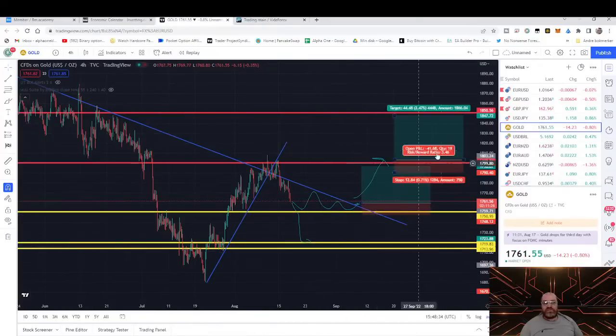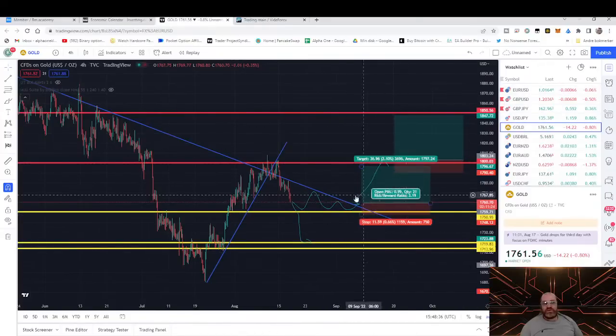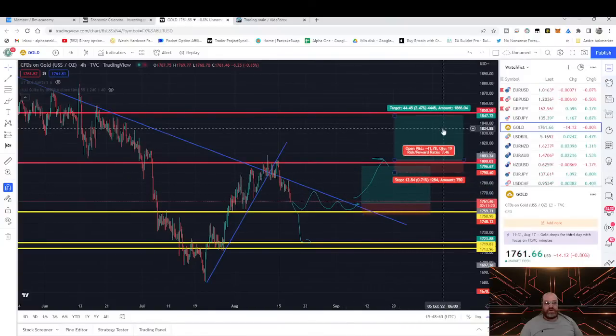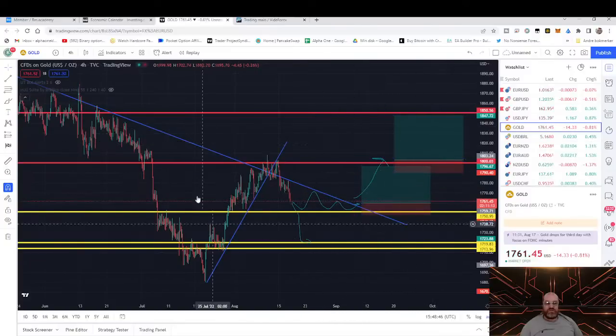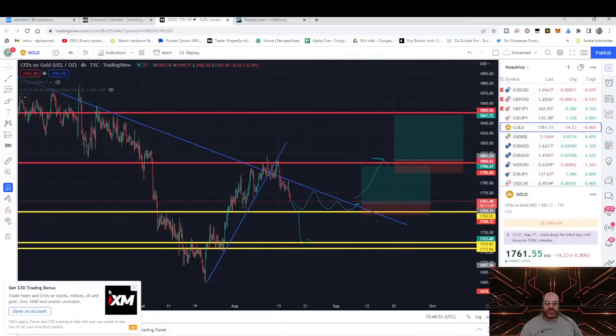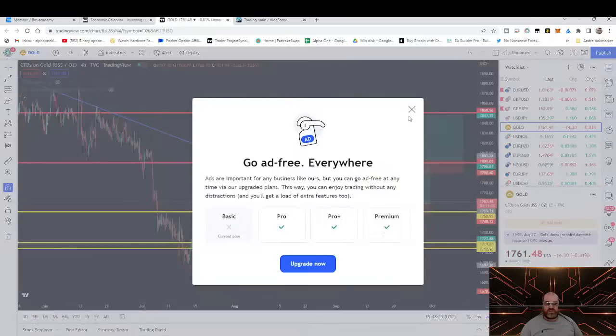And if you do that with enough pairs, then you suddenly will start to see that your plans will come, and if they don't, okay, not to worry, you just erase them, but at least you have planned for it. So that's what I do when I trade. I always plan for the future trades, not only the trades that I can have right now.